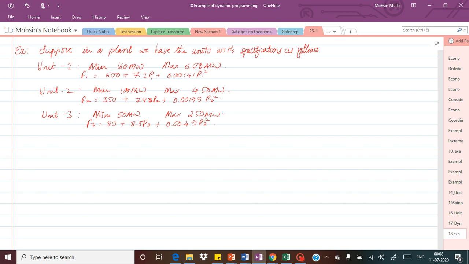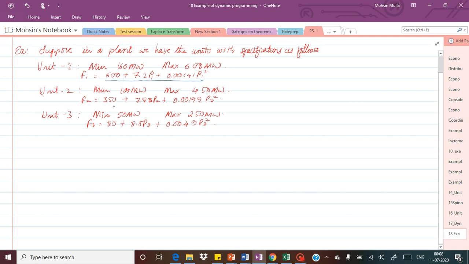First of all, the cost characteristics equation has three terms. One is the fixed component, which is a constant value, and then there are the components of p1 and p1 square.